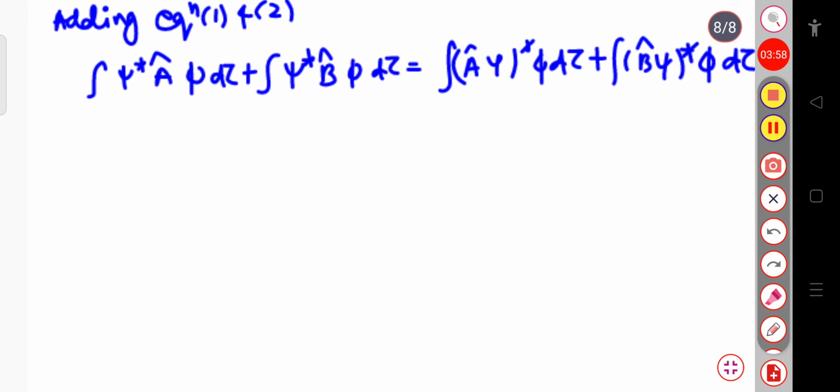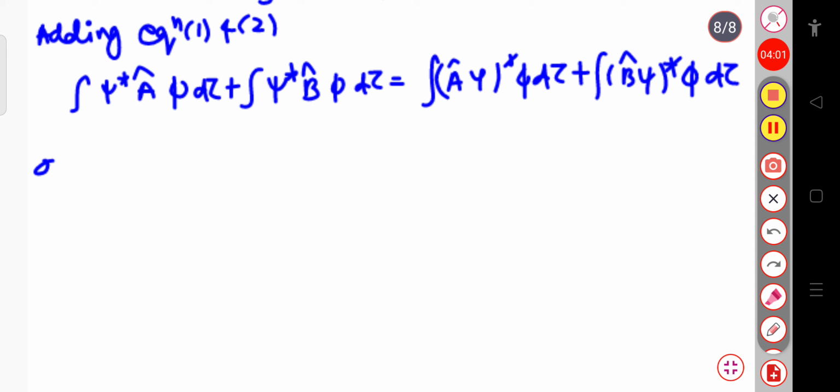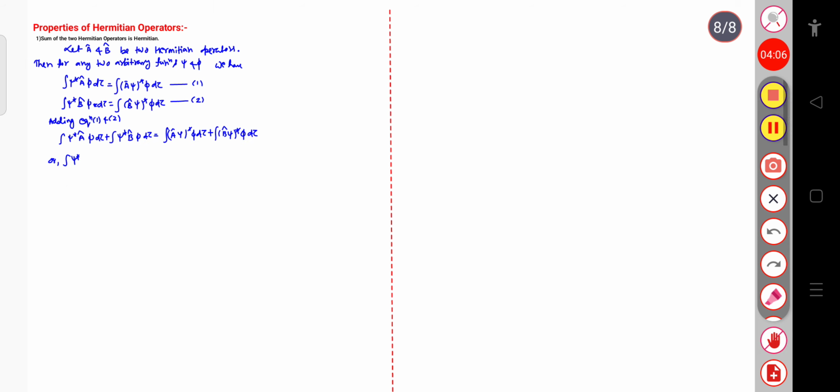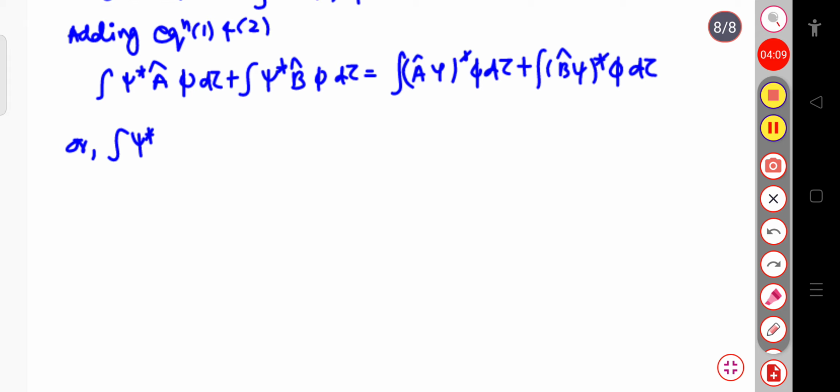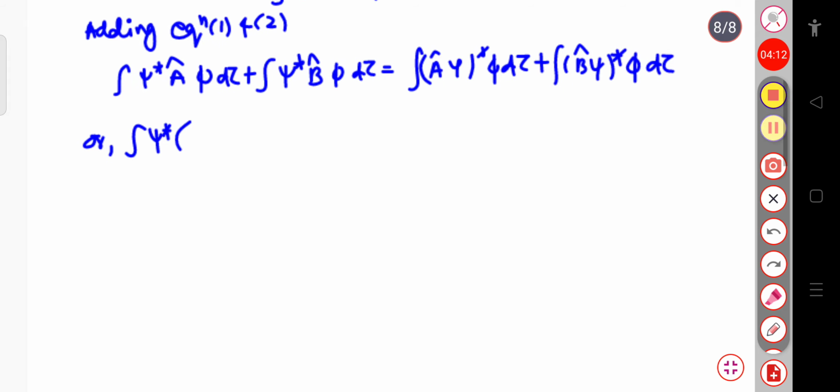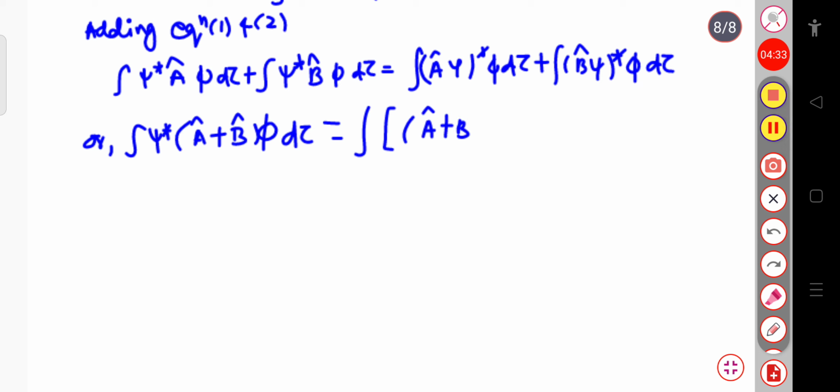Now if I write it combined, taking psi star common, this will be the integral of psi star into A cap plus B cap whole into phi d tau, and that is equal to the integral of A cap plus B cap whole into psi whole star into phi d tau on the right-hand side.